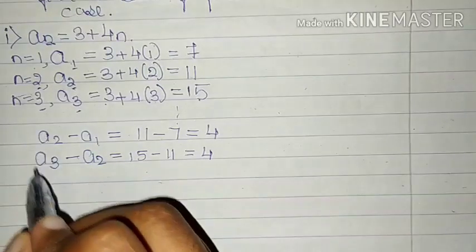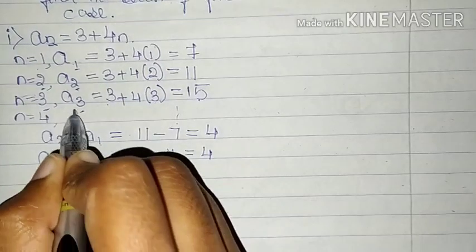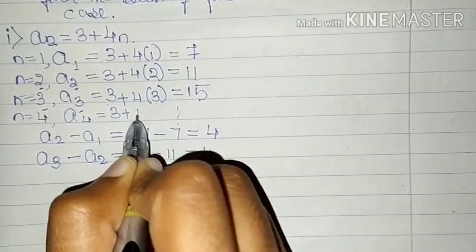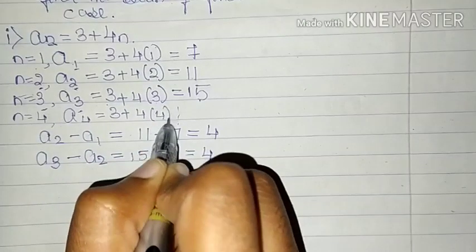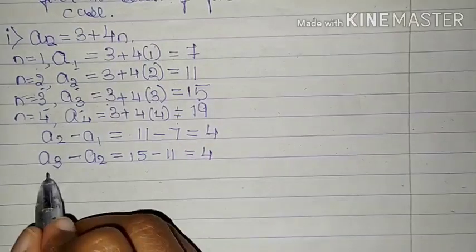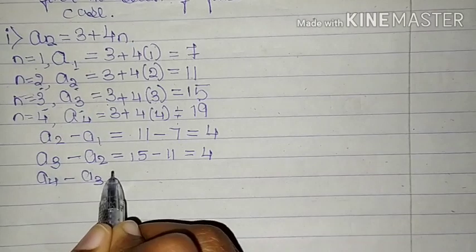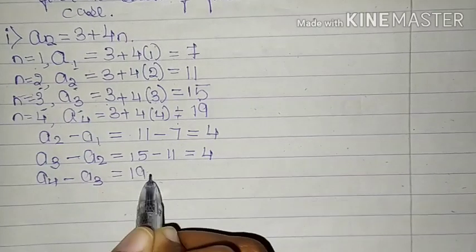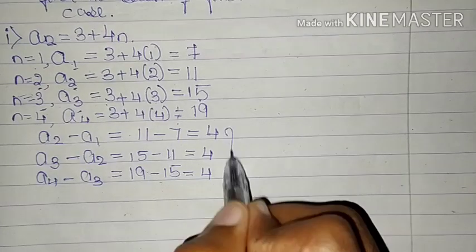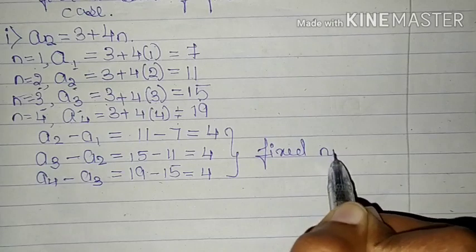So similarly, when n is equal to 4, if you want, you can proceed another step. When n is equal to 4, a4 is equal to 3 plus 4 into 4, which is nothing but 19. So a4 minus a3, that is the last two consecutive terms, 19 minus 15, which is equal to 4. So this is a fixed number, that is 4.